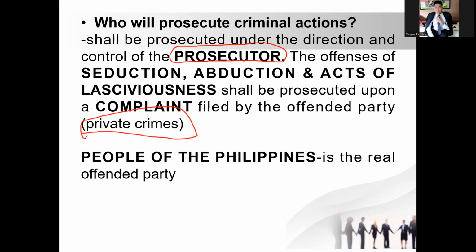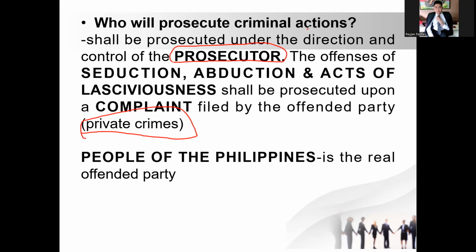While ang private crimes naman, tinatawag natin yan na only the offended party can file a case. Sir, pag VAWC po ba, private crimes po ba? Okay, ang VAWC, of course, class, kapag yung naagrabyado yung women, yung babae talaga yung magpa-file ng kaso. Kung ang naagrabyado yung child, of course yung child.